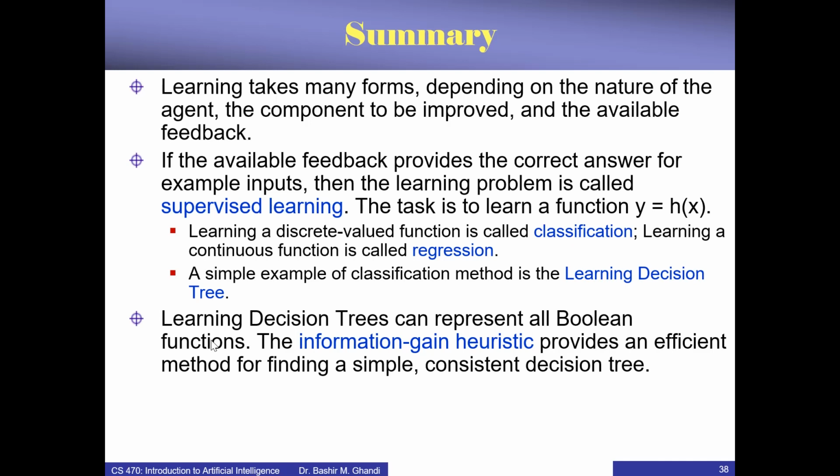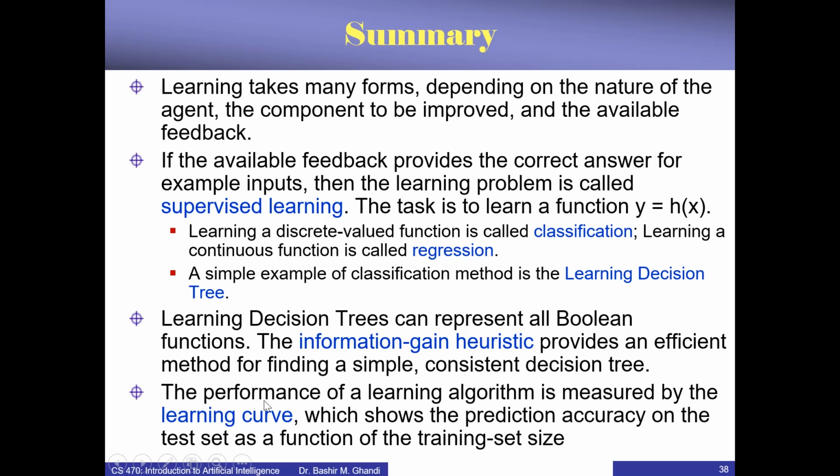And therefore we needed a more efficient method, and we saw that the information gain heuristic actually provides an efficient method for finding a simple consistent decision tree. Okay, and the performance of a learning algorithm is measured by the learning curve, which shows the prediction accuracy on the test set as a function of the training set size. So this brings us to the end of this lecture. Thank you very much.